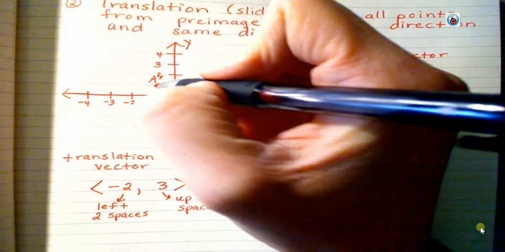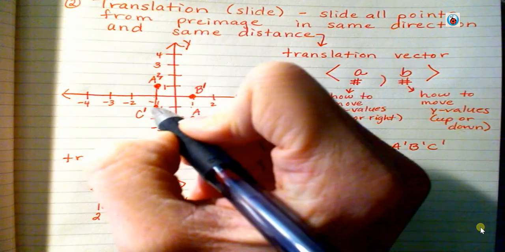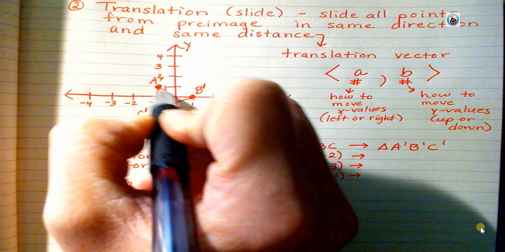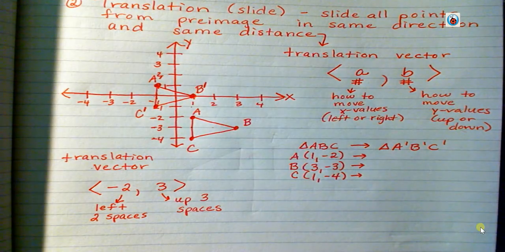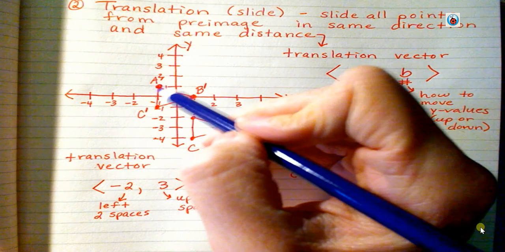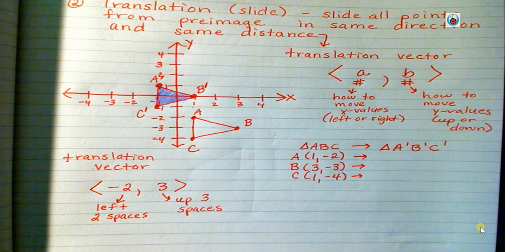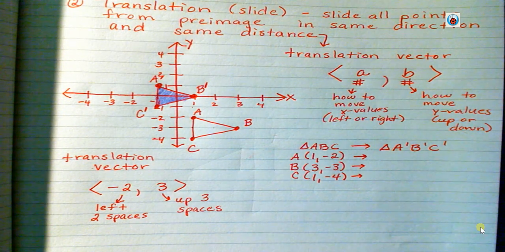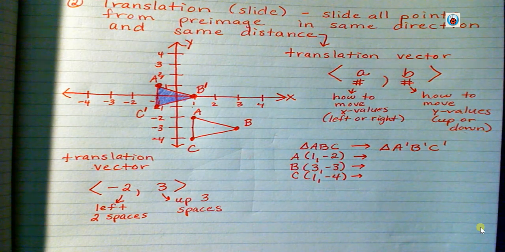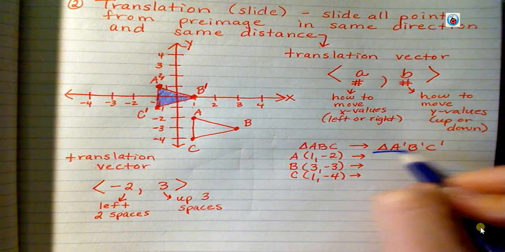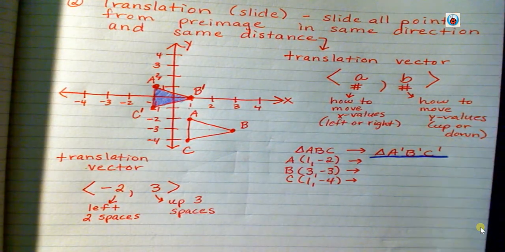I connect all of those vertices or all of those points for my new triangle. And right there in blue is my new image. It's my new A prime, B prime, C prime triangle.